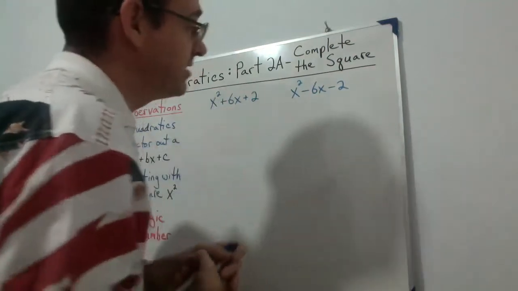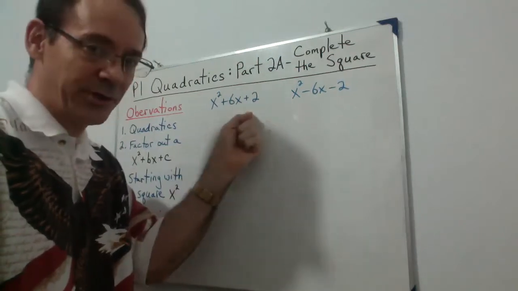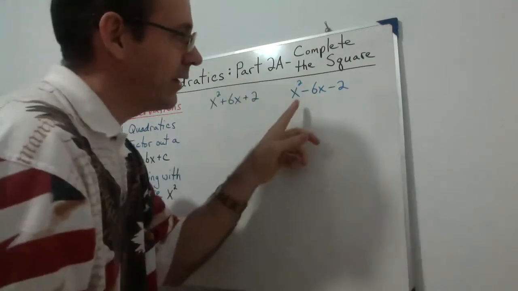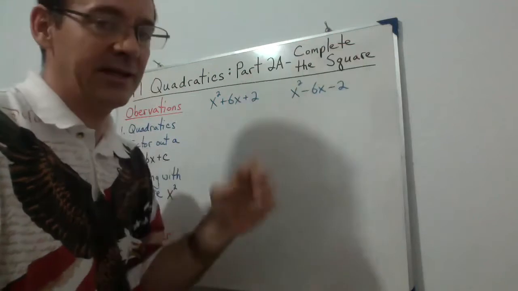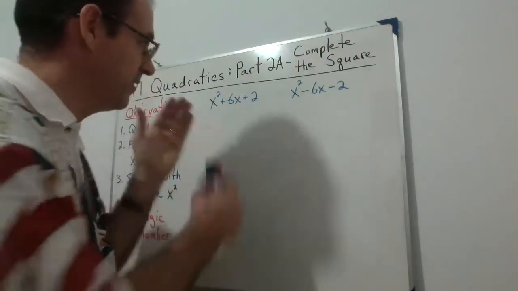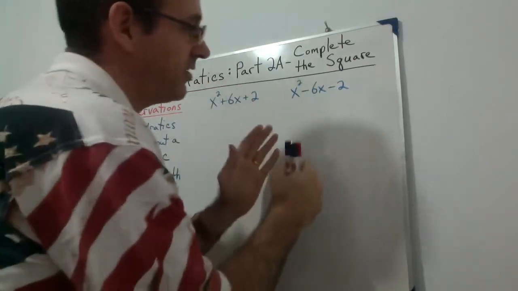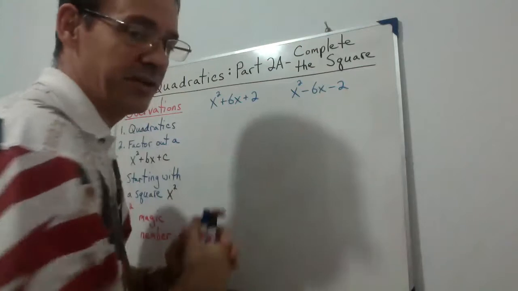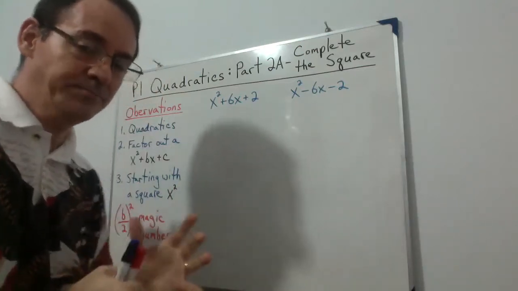In the second example, we're going to start with a square, but instead of adding to it to make a bigger square, we're going to start with a square and we're going to subtract from it, but we still want to end up with a square. So in this case, we start with a small square, end up with a big one. In this case, we're going to make it big so that we can see it, and then we're going to subtract from it and make a smaller square.